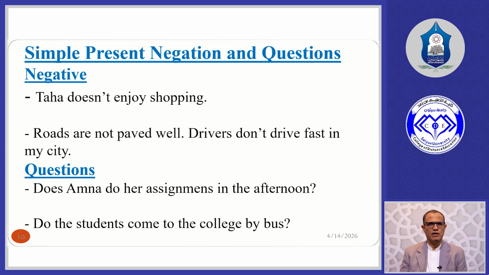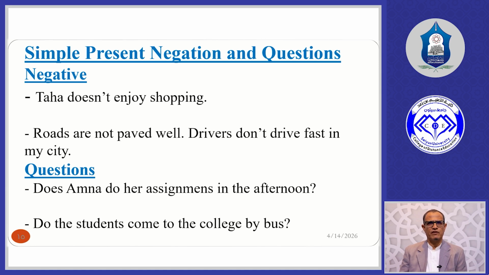Now, the conclusion of this point. Making sentences negative in the present simple tense can be done by using only the word not in cases of verbs to be, and sometimes modals. We use only not after modals and after verbs to be.